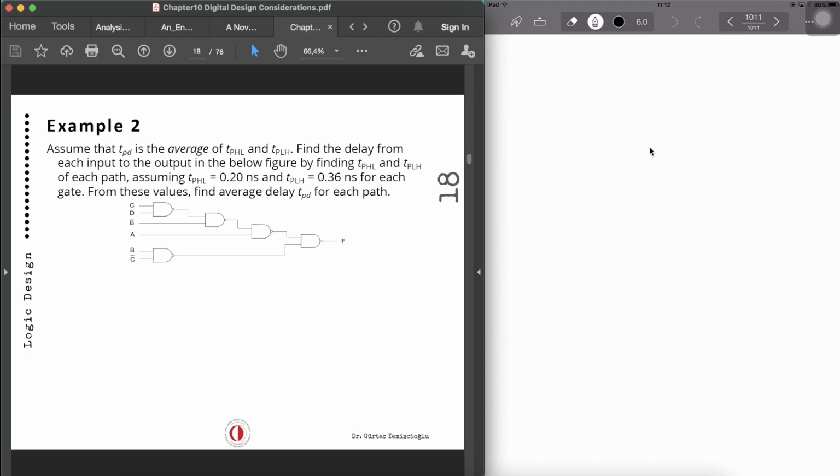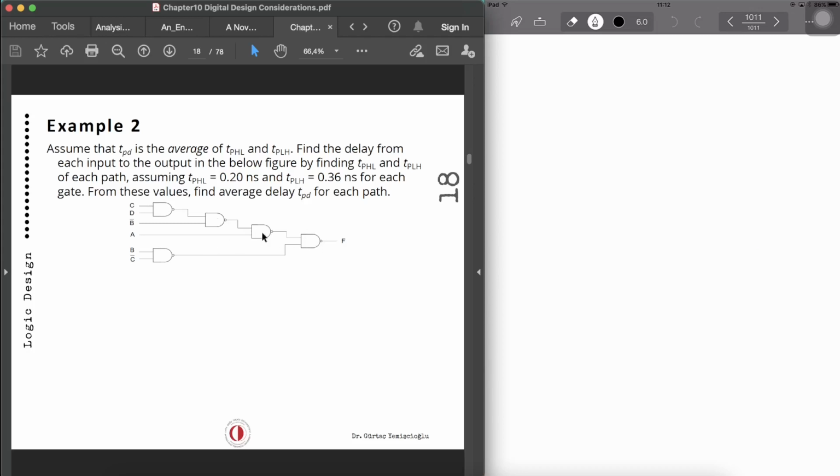Okay, so we have got different paths over here: C and D to F, B prime to F, A to F, and B, C prime to F. Now, C and D has got the longest path because it has to go through 1, 2, 3, 4 gates. B prime has to go through 1, 2, 3 gates.